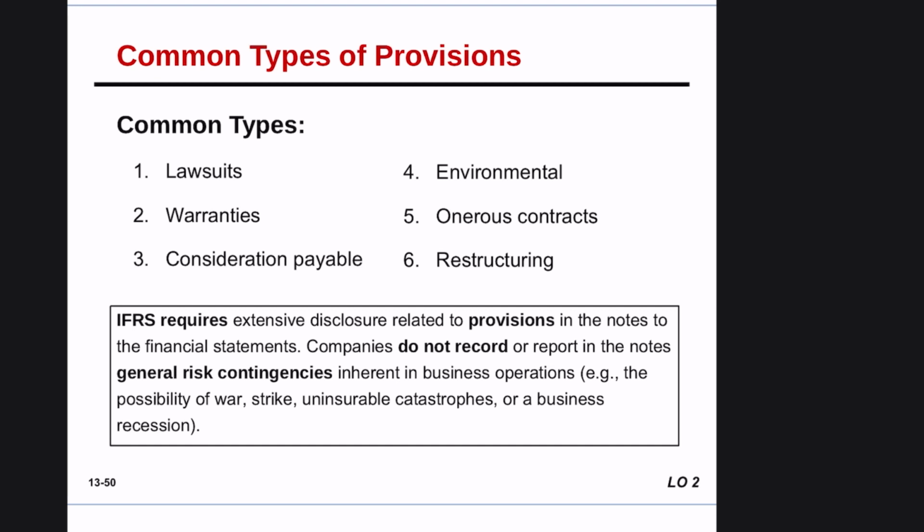The company is required to disclose and explain the whole situation of the provision, but the company is not required to report every single general risk of contingencies. Maybe if there's a war or strike, they are not required to disclose it in the notes. Otherwise, if it's one of those common types, the company is required to make extensive disclosure in their notes.